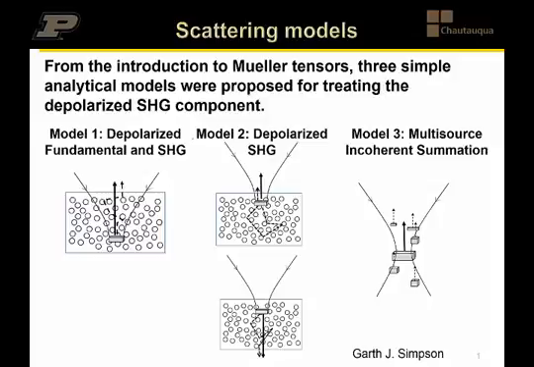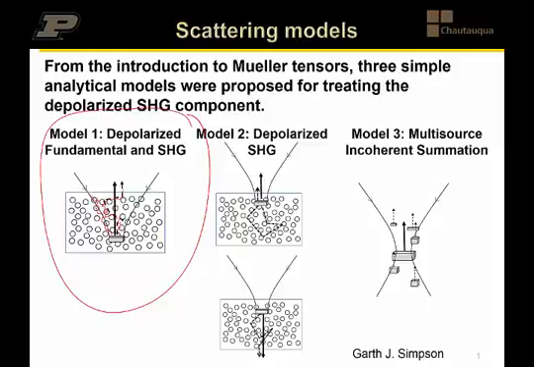depolarization. And we're going to start in this one considering a purely depolarized measurement, where you scramble the polarization state of the light coming in, it generates second harmonic generation, and then you scramble the polarization state of the light coming out. Now, I'm not saying that all of the light is scrambled coming in and all of the light is scrambled coming out. I am saying now, however, that the depolarized component is assumed to be arising from that combination of scattering.